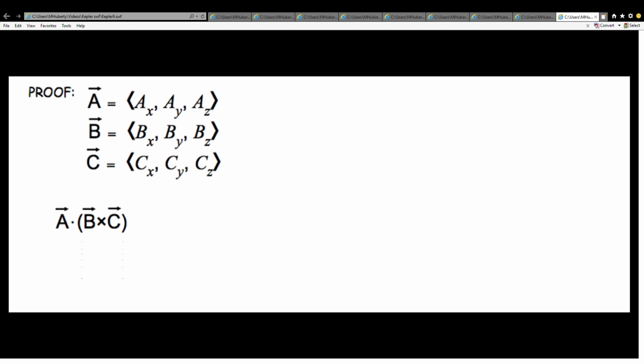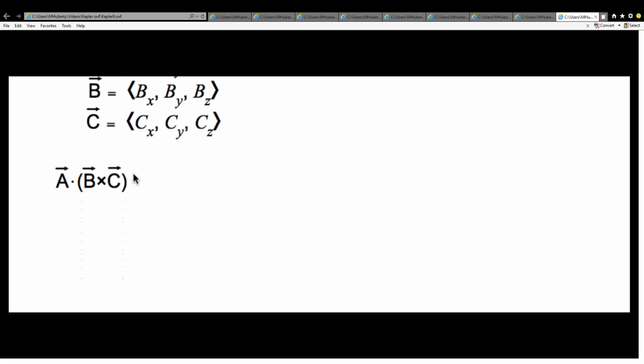we'll start rewriting this in terms of the components that we wrote up here. So the A sub X, A sub Y, A sub Z is going to be dotted with the cross product. Now the cross product being all this lovely stuff.